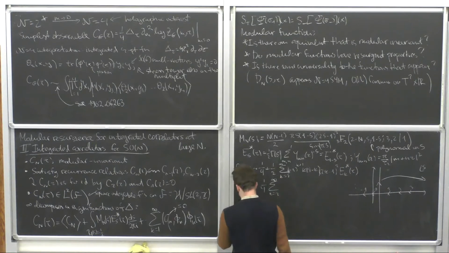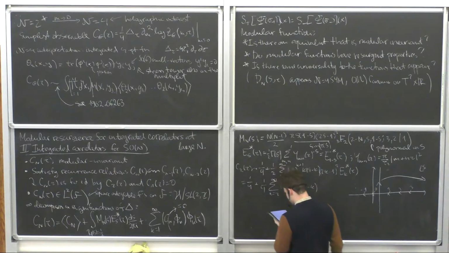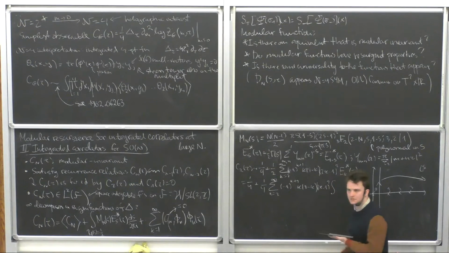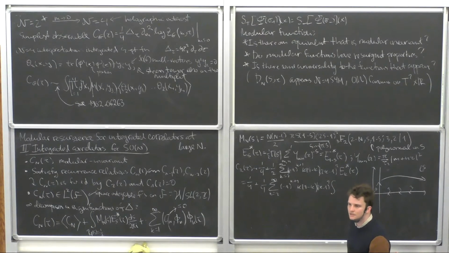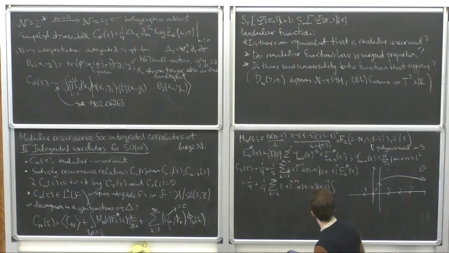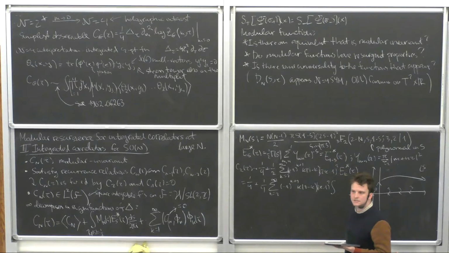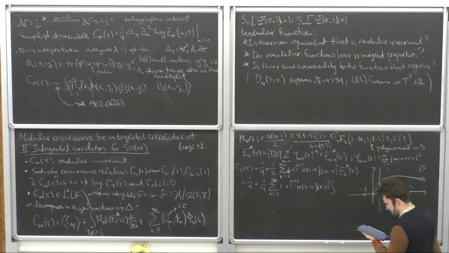So it goes like this. There's a (-1)^(k+1) k, Gamma(1 minus k), (2k minus 1) squared times an integral. Oh, sorry, there's a gamma function there, yes.